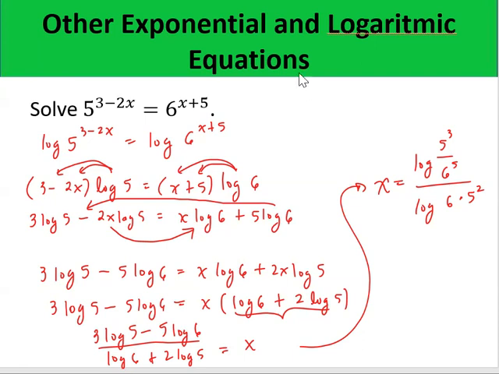However, if we're going to apply logarithm to the base 5 for 5 raised to 3 minus 2x, then this will just become 3 minus 2x. It's another property of the logarithms discussed in the previous discussions.